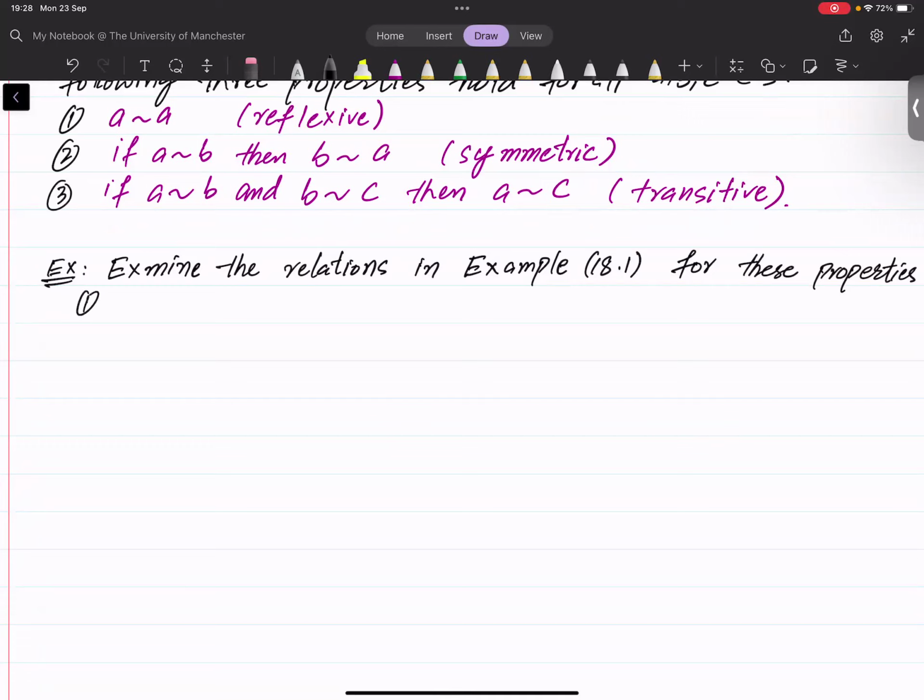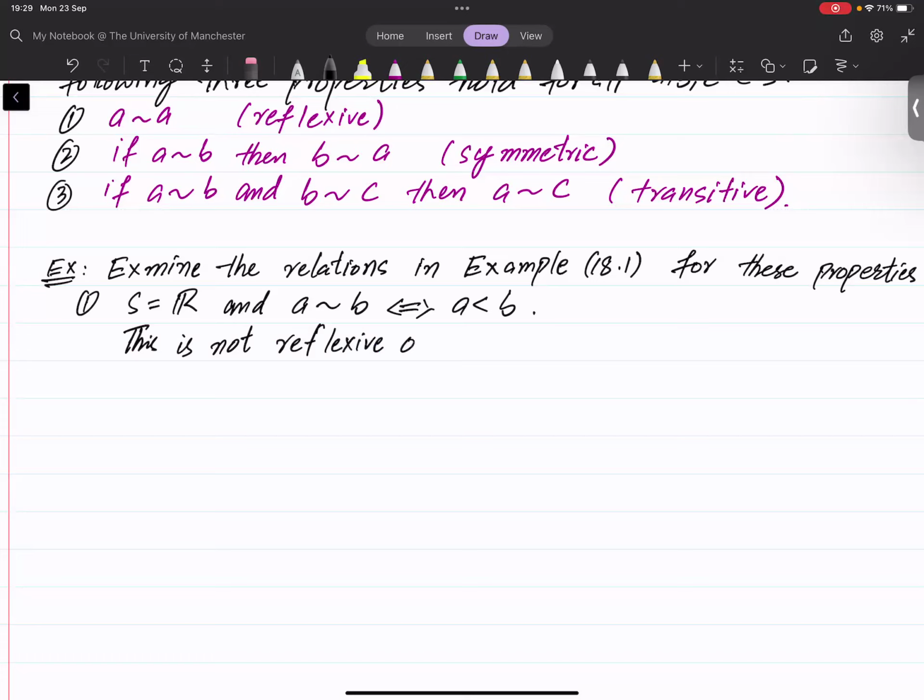So let's consider the first one, where the set is R, and we said that A is related to B if and only if A is less than B. Now you can say that this is not reflexive or symmetric. Why?